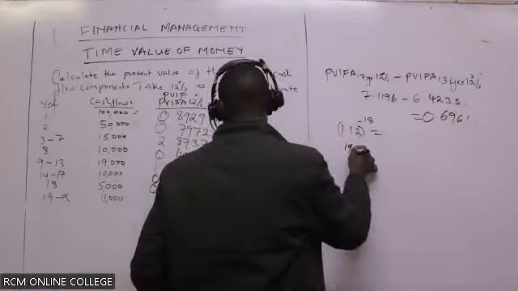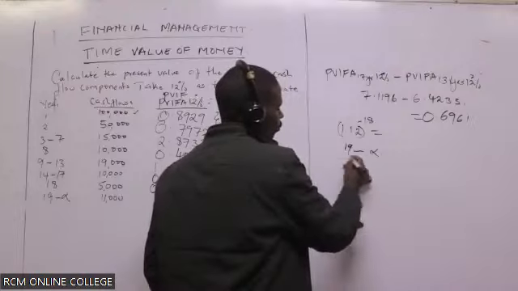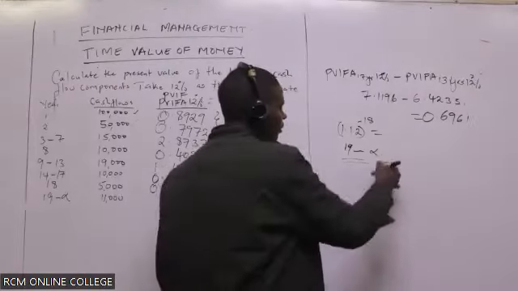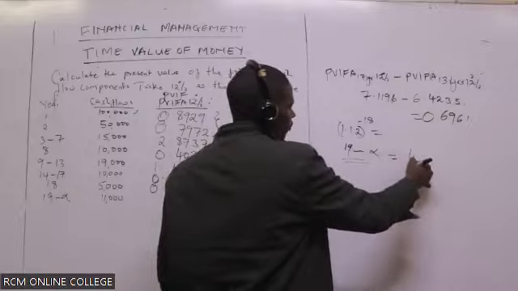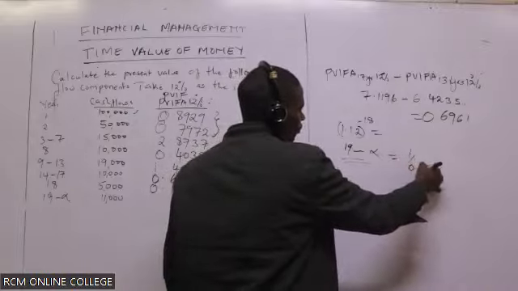I see year 19 to infinite. We said to get the present value of infinite, the present value is 1 over R. R is 0.12.